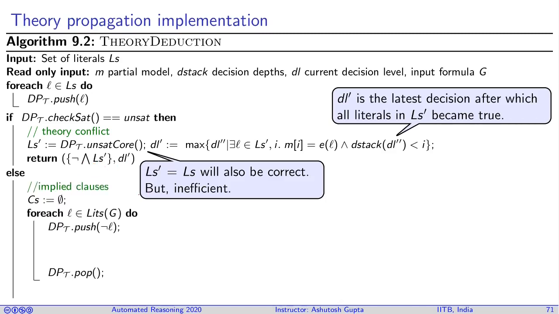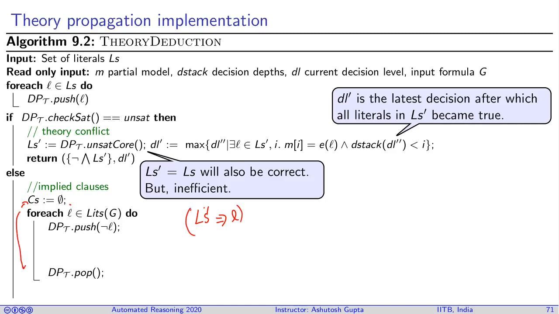On the other hand, if we have satisfiability, then we can collect implied clauses. What are the implied clauses? If some subset of our ls, let's say ls prime, implies some literal L, then we can add this as a clause. That process is here.